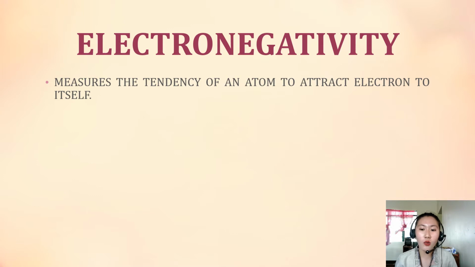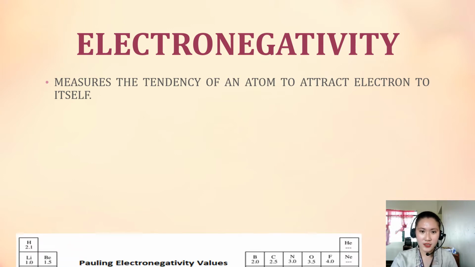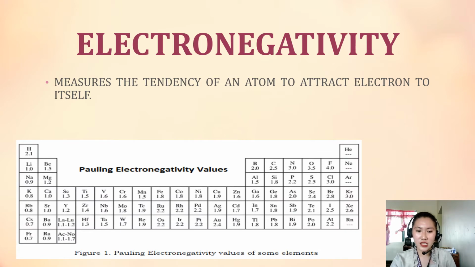So it is how likely an atom attracts electron to itself. So what can you observe in this table? Very good. So electronegativity increases from left to right, and electronegativity decreases from top to bottom, right?